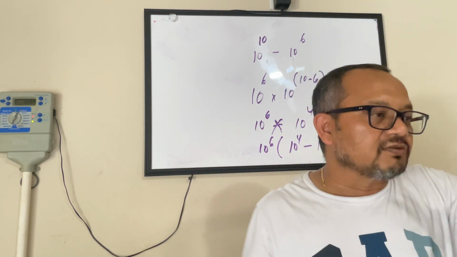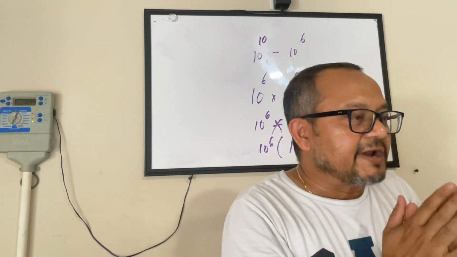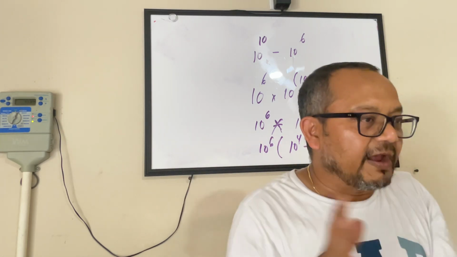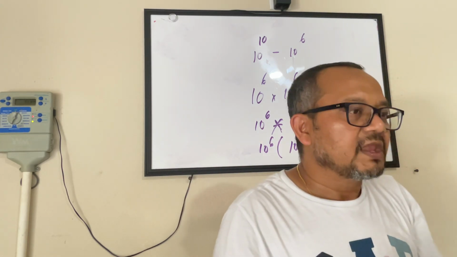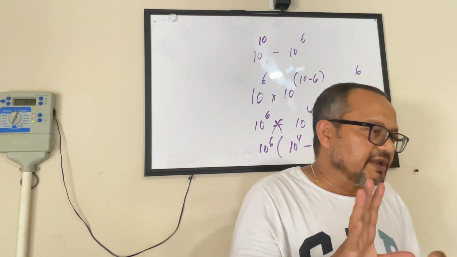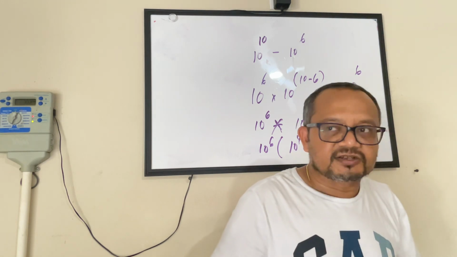That is where we found the new formula, where if we are doing addition and subtraction, we have to find the common things among them and then factorize. I don't think you will find this formula anywhere. It's just something that we have derived for ourselves.